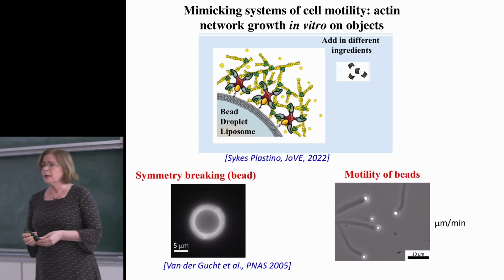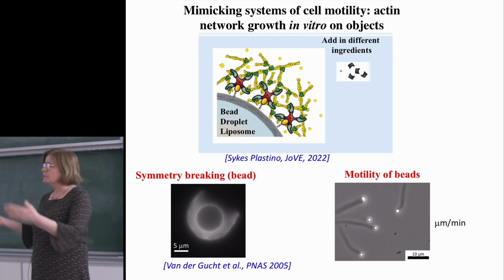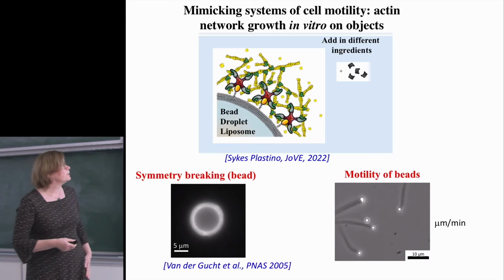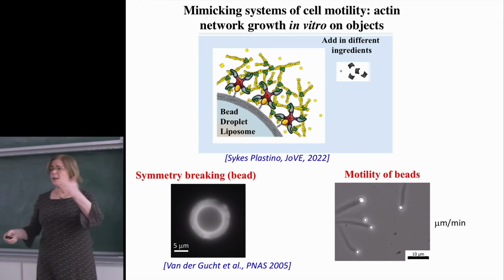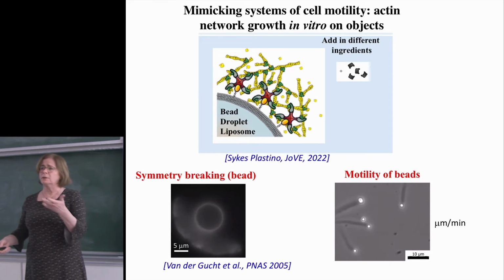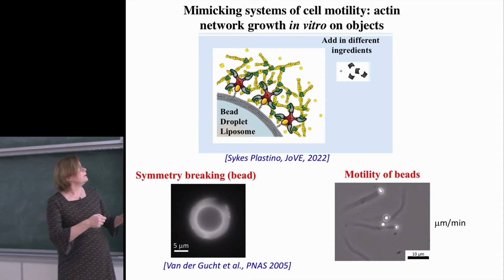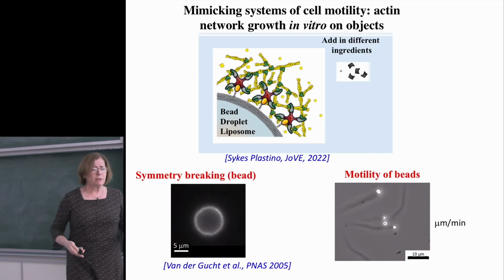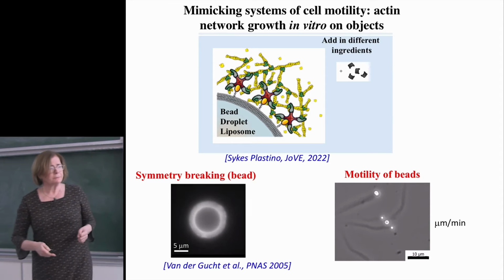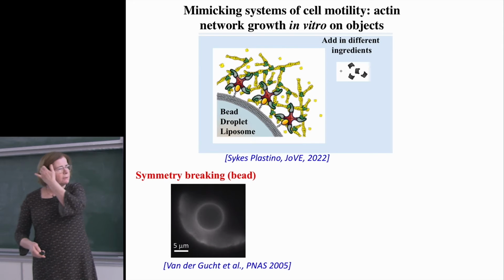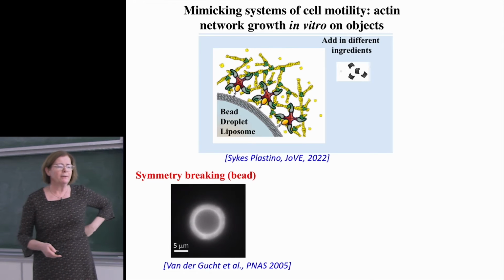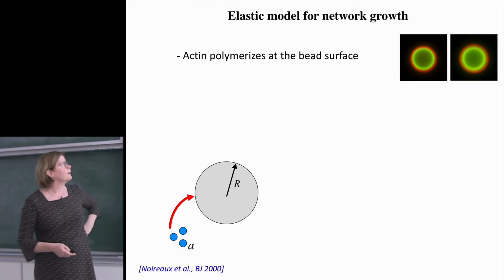Everybody can do it, and we hope that it will be available for students at LPENS very soon. So you can just take beads, take anything, cover it with this activator of polymerization, and you can obtain these trajectories like here. So I will first describe what we understood in this symmetry breaking event.